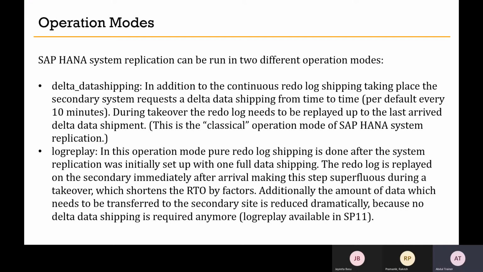In log replay underscore read access, the primary will continue receiving read and write, but the secondary will only accept read access. So you can only read the data from the secondary database. That is the only difference.